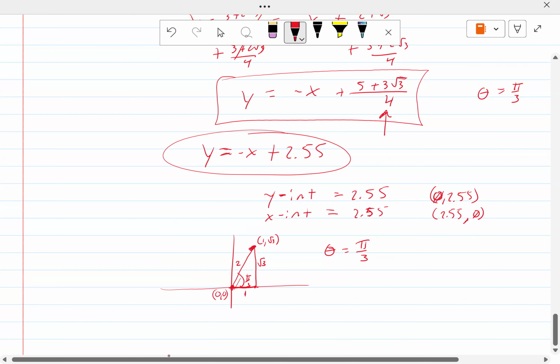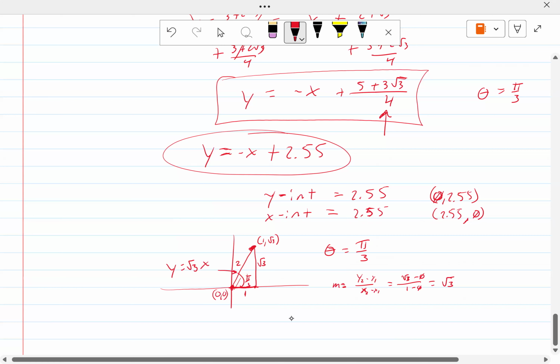The slope of this line is y2 minus y1 over x2 minus x1, which is radical 3 minus 0 over 1 minus 0, which is radical 3. So the slope of the theta equals pi over 3 line is radical 3 and it goes through 0. So the equation of this line is y equals radical 3 x.